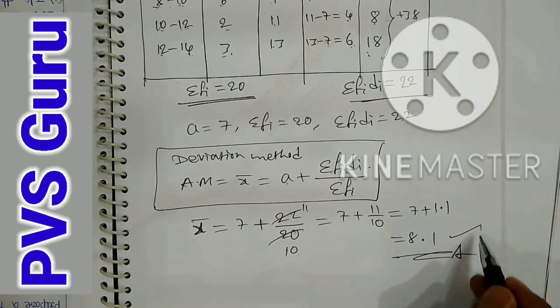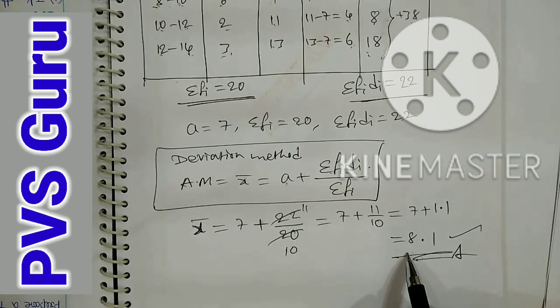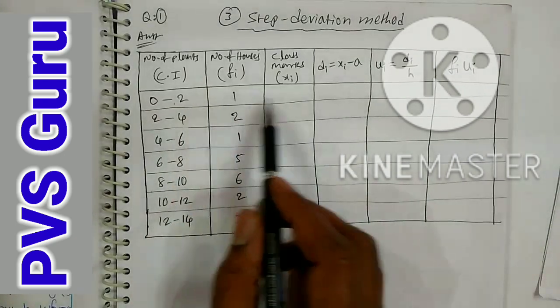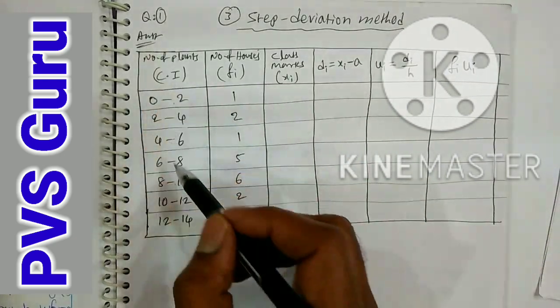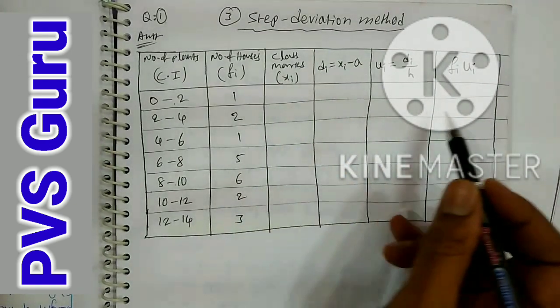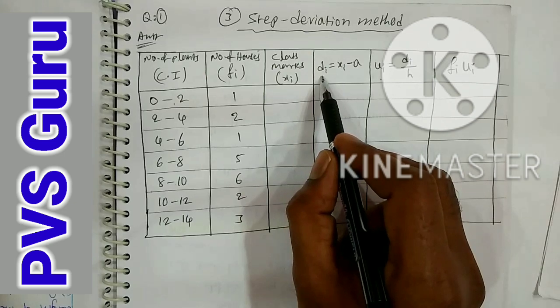So the direct method and the deviation method both give the same value. There are 3 methods: direct method, deviation method and step deviation method. We have finished 2 methods, so now let's go for the third method. In the step deviation method we have the same question but the method is different. In this one we have one more extra column, that is ui. Di we have already done in the deviation method.